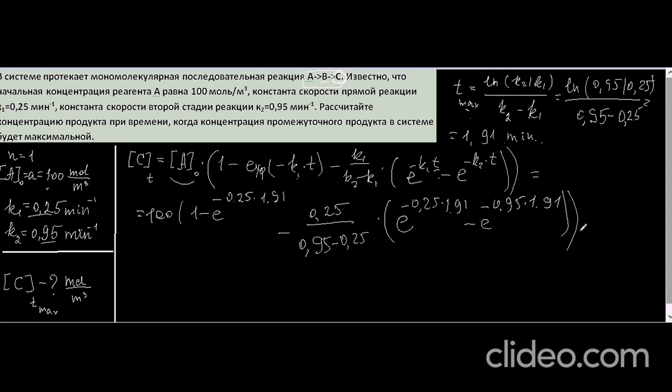If you get armed with a calculator, you will get the right answer immediately. My calculator says that it is 21.63 moles per cubic meter. This is the right answer to this problem.